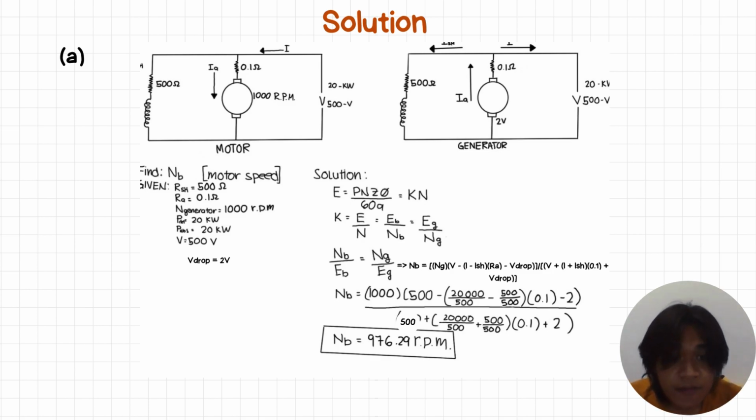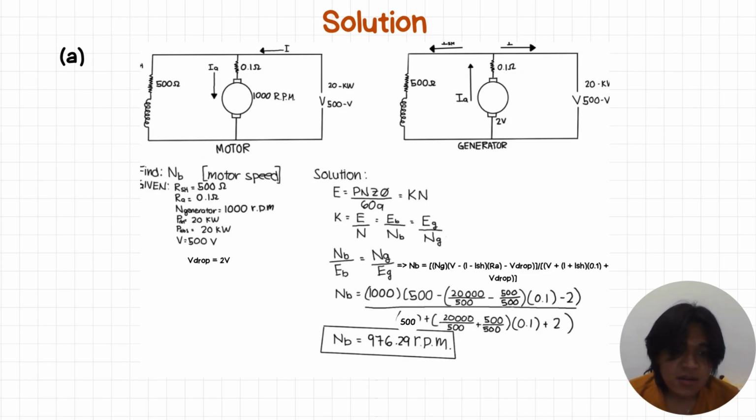Since we are finding the speed, we apply the reciprocal of the formula. We now get Nb over Eb equals Ng over Eg, where Ng is the speed of the generator and Nb is the speed of the motor. Isolating the speed of the motor, we get Ng times Eb over Eg.